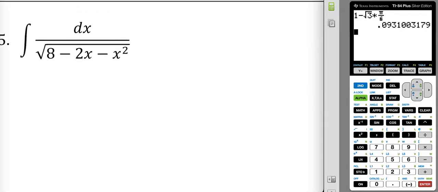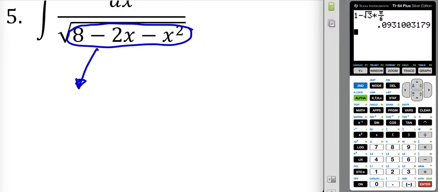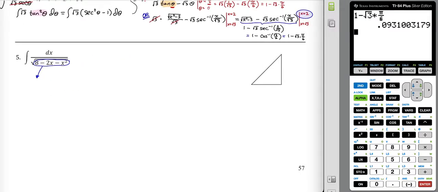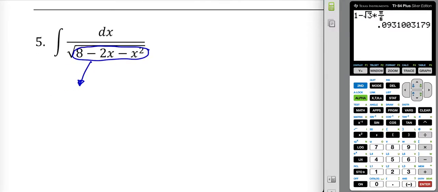But what we can do, and this is a kind of teaser for what we're going to do with partial fractions, or at least to some extent, is we're going to learn or review, depending on where you've been in terms of your content knowledge for pre-calc, how to write this as a difference of perfect squares or sum of perfect squares. And the way we do that is by completing the square.